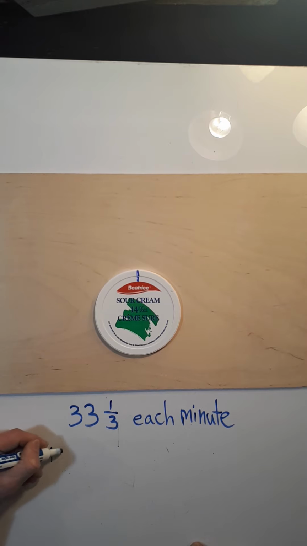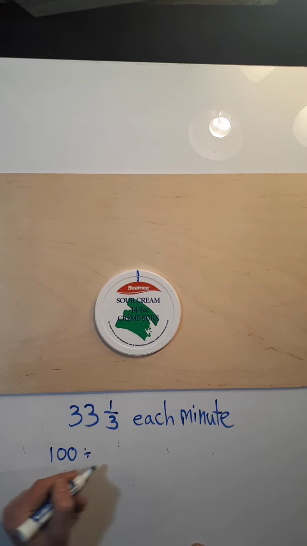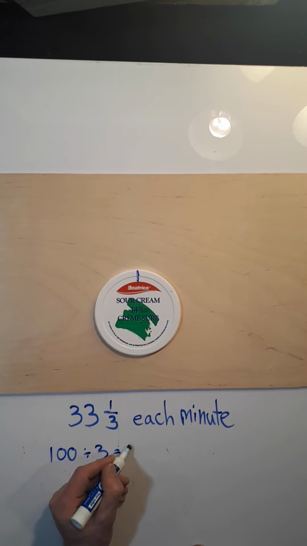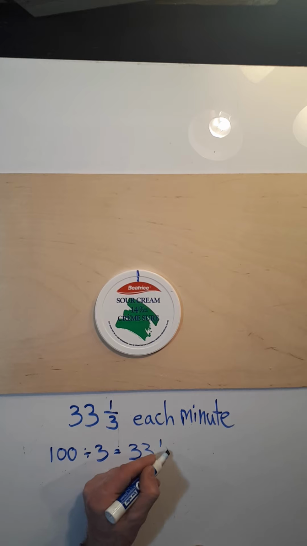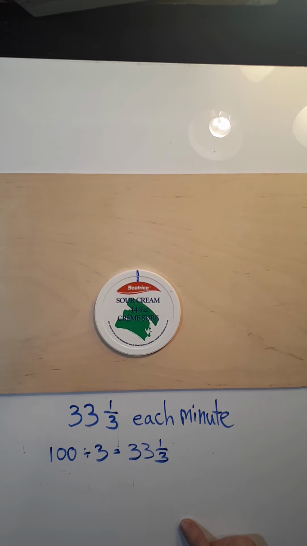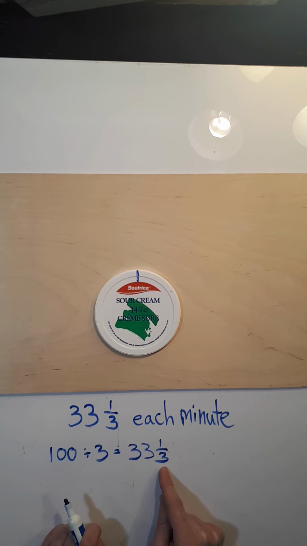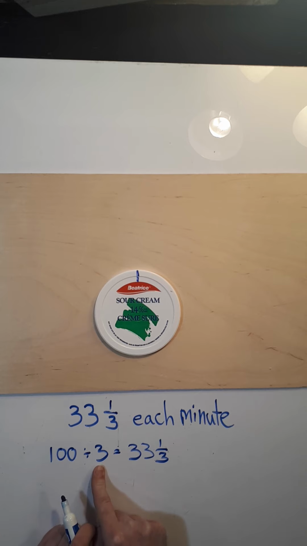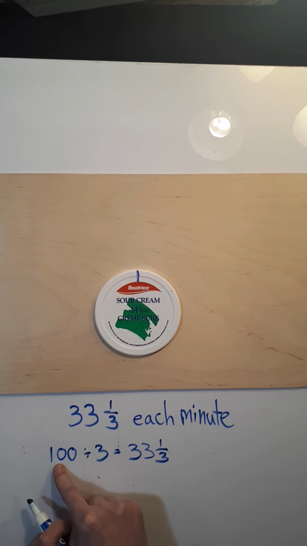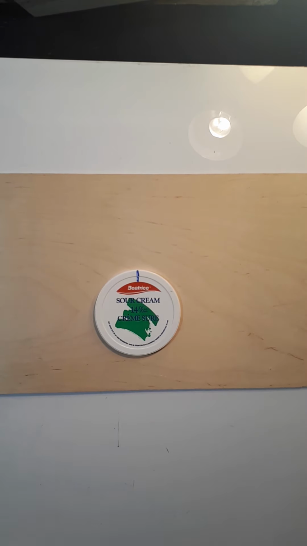Well, we know that 100 divided by 3 is 33 1/3. So if we think from the back to the front here, that means that it turns 33 1/3 times each minute, and so in 3 minutes, it's going to turn 100 times. Pretty cool, hey?